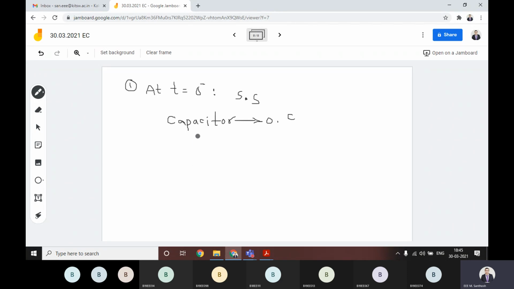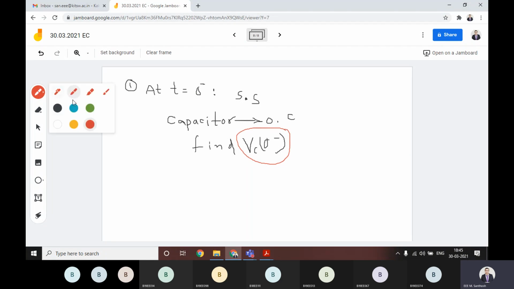Whenever you have an open circuit, you can find the value of VC 0 minus. You have to find first VC 0 minus at t is equal to 0 minus. Then just after switching, at t is equal to 0 plus, the source will be disconnected.